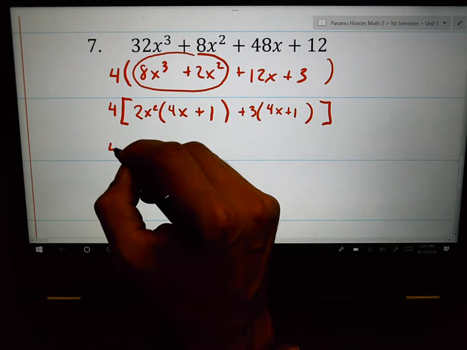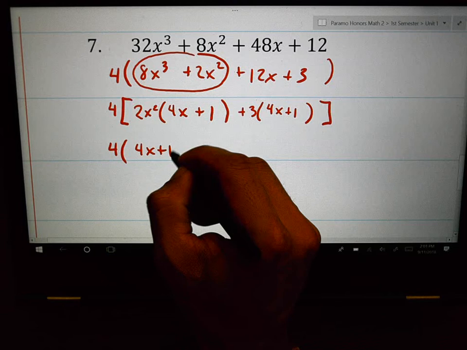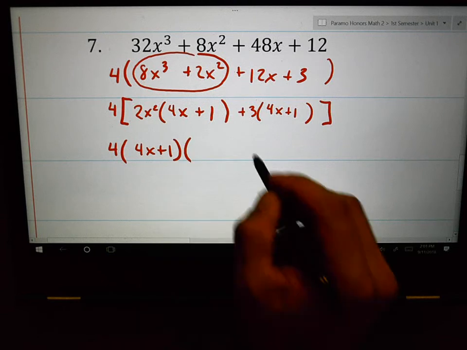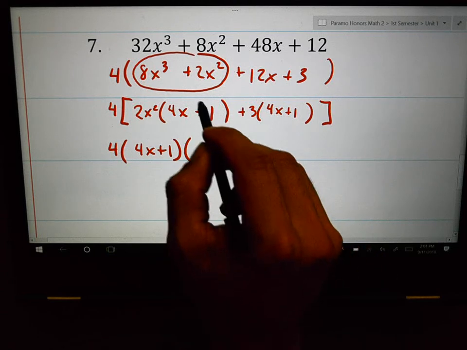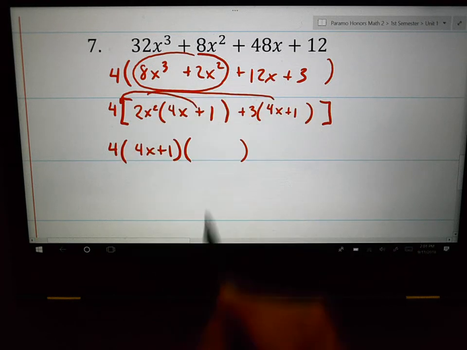Now at this point of the game, I'm going to factor out a 4x plus 1 multiplied by this pops out, and this pops out. What's left behind?